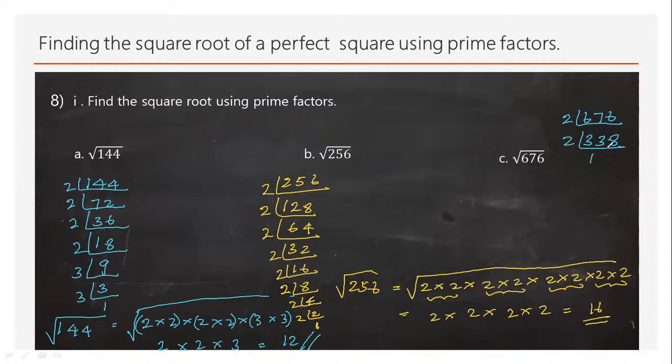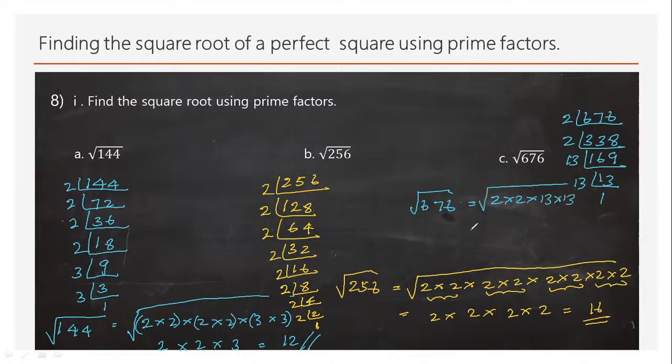169. Again I will divide by the smallest prime number here, that is 13. Again divide by 13, 1. So we can write the square root of 676 equals the square root of 2 into 2 into 13 into 13.